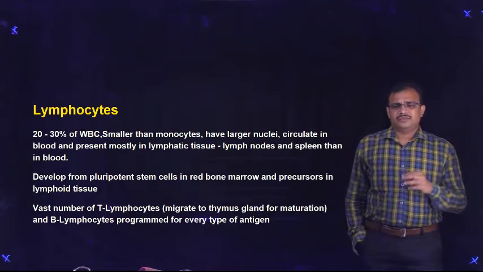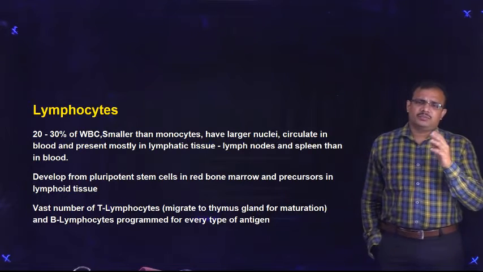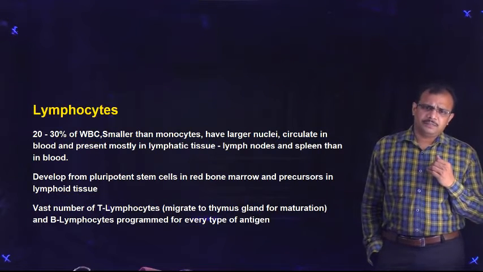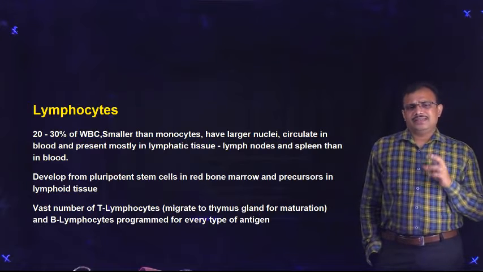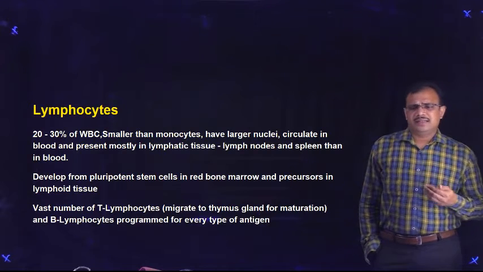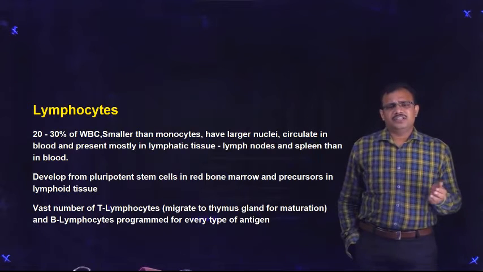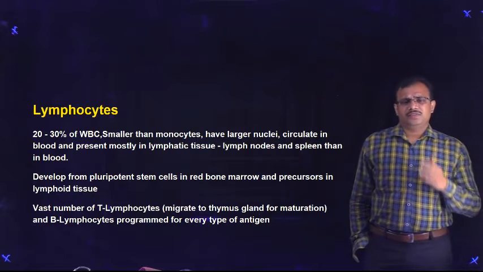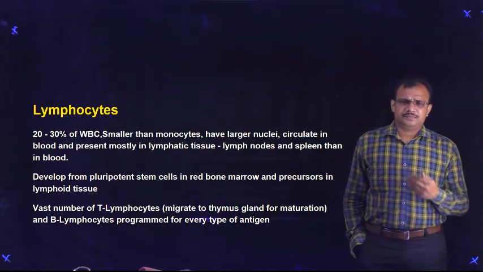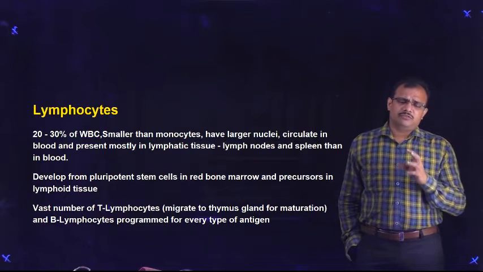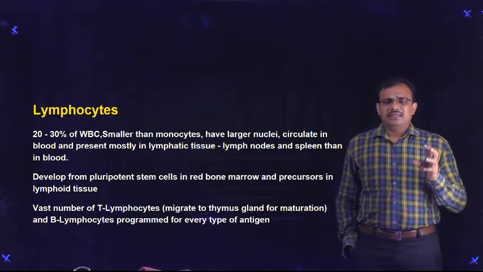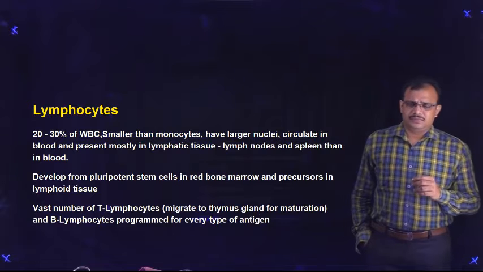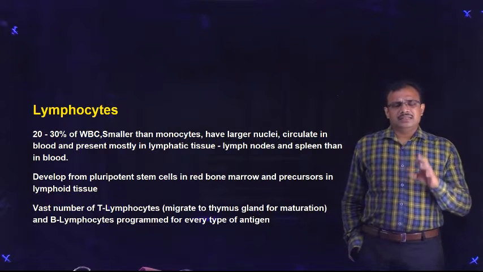These lymphocytes are smaller than monocytes, and they also have larger nuclei, and they also do not have any granules in their cytoplasm. They also circulate in the blood, but they are not differentiated into different types as monocytes are differentiated into macrophages. These remain in the circulation, but most of them are stored in the lymphatic tissue such as lymph nodes and the spleen rather than in the blood.